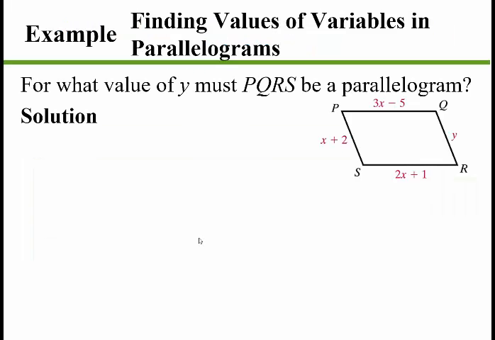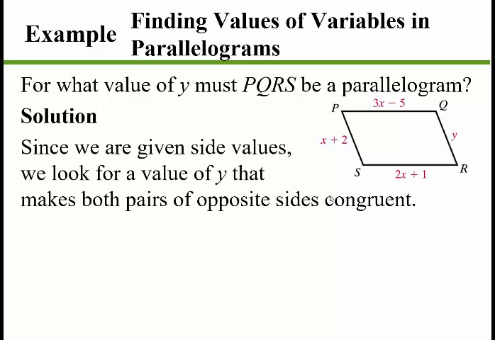All right, let's work an example. So we got this parallelogram here, right? For what value of y must this shape, the polygon PQRS, be a parallelogram? Well, since we are given side values, we look for a value of y that makes both pairs of opposite sides congruent, meaning this side has to be congruent to this side, and this side is congruent to this side.